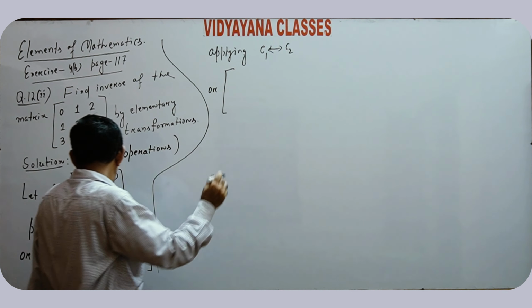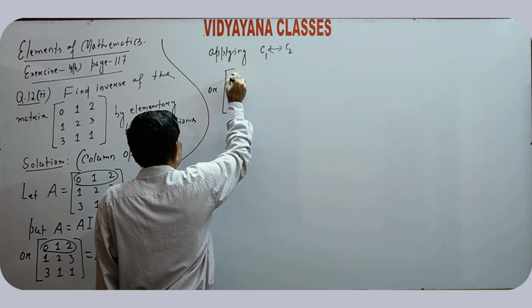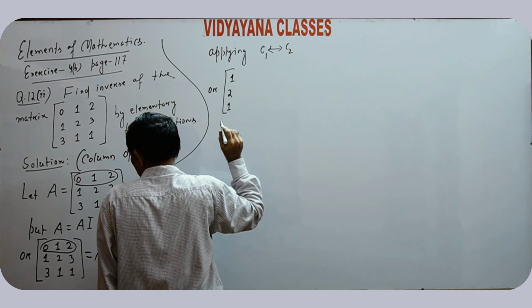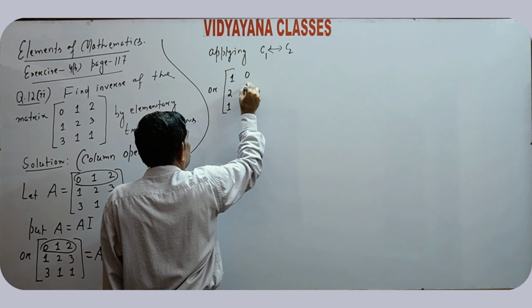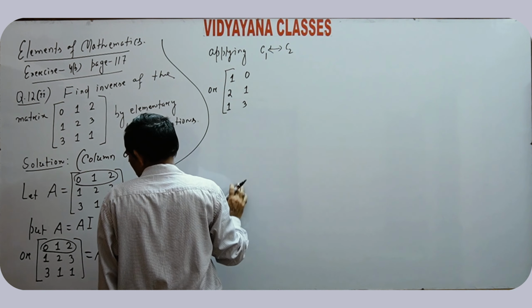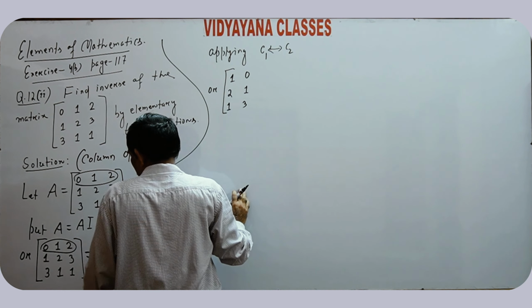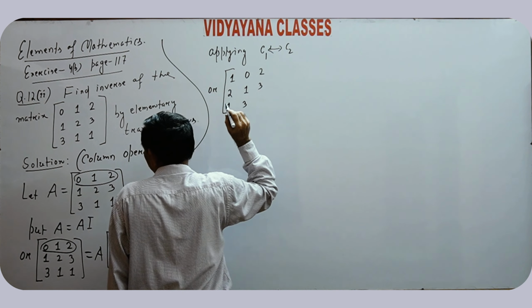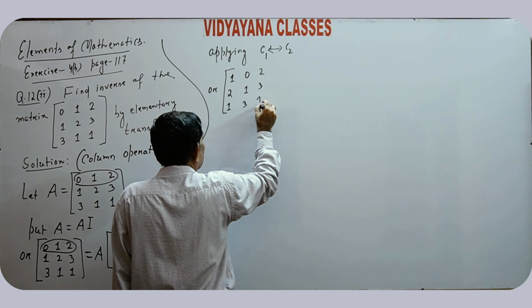So we have 1, 2, 1, 2, 1, 0, 1, 3, 0, 1, 3, no change of column 3.